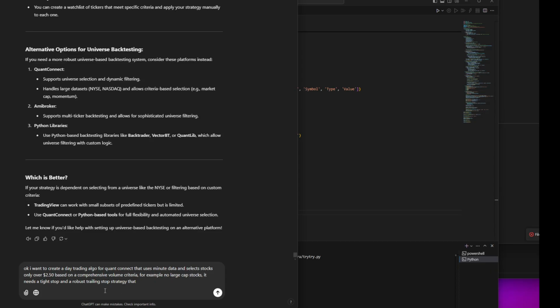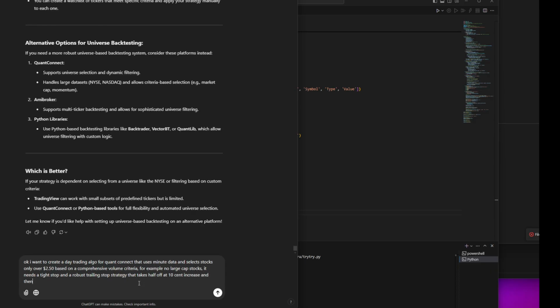Okay. It needs a tight stop and a robust trailing stop strategy that takes half off at a 10 cent increase, and then scales out for the rest.